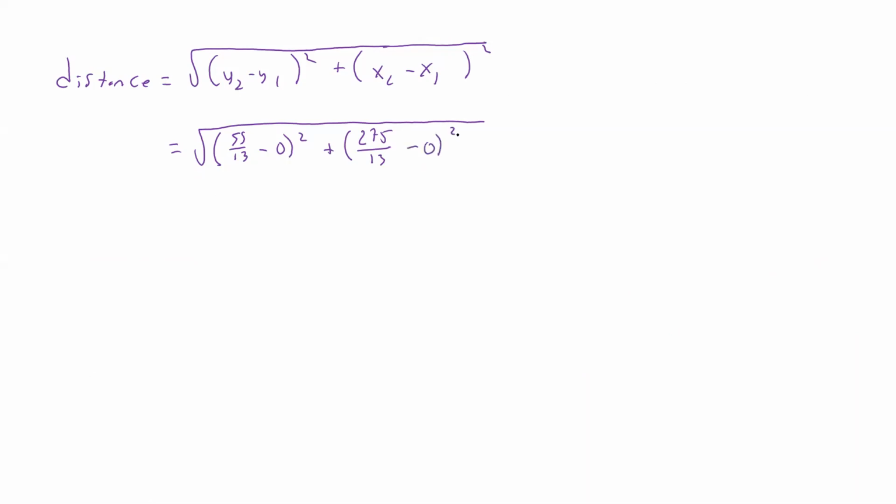And so then we basically just have the square root of 55 over 13 squared plus 275 over 13 squared.